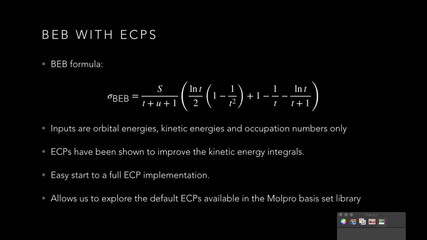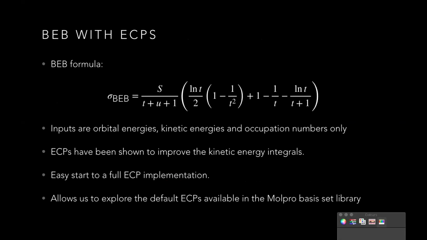So this is the BEB formula. And the important parameters in these are T and U, which account for the orbital energy and the kinetic energy, respectively. And it's this kinetic energy term that causes most of the problems when you're trying to calculate BEB for heavy atoms.